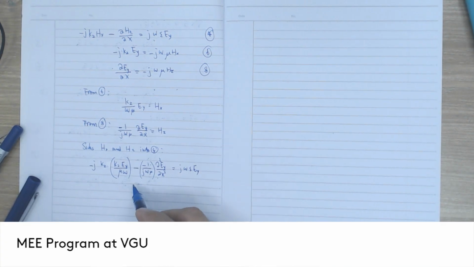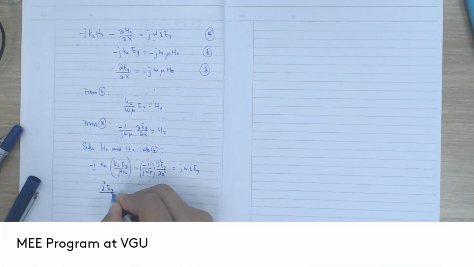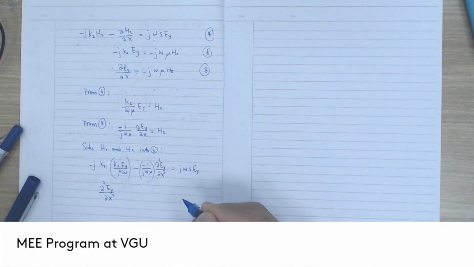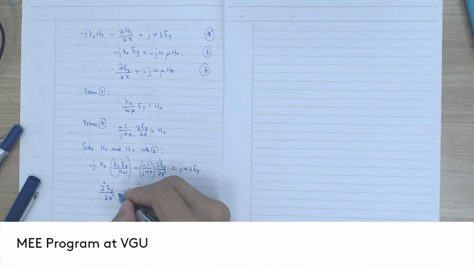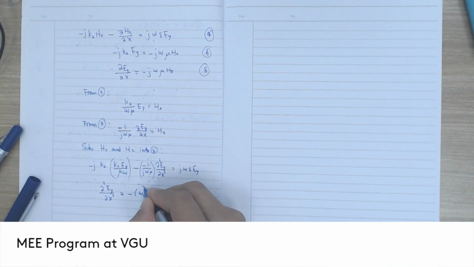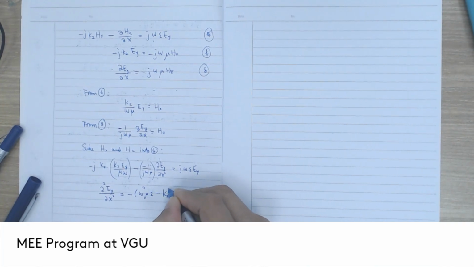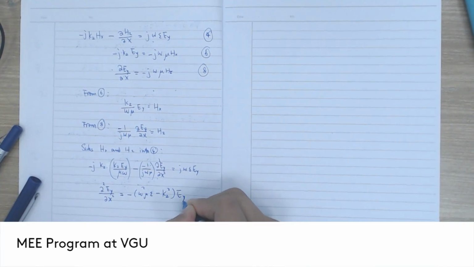Yeah, now let's do some cleaning, right? So eventually, what you end up with here is e of y squared, and then with a little bit of algebraic manipulation, you get omega squared k of z squared e of y.